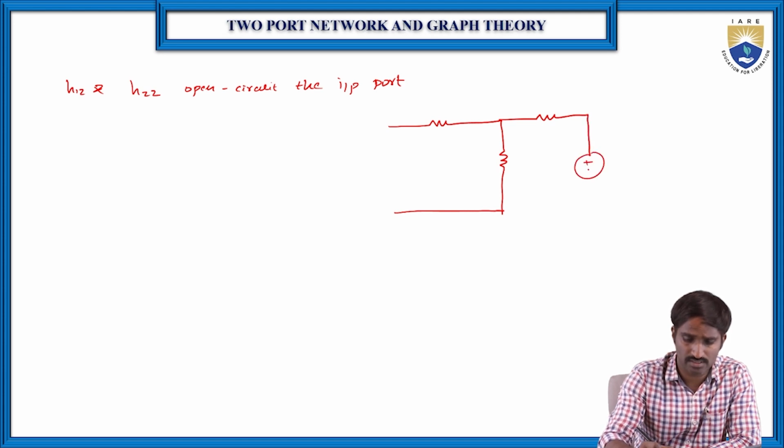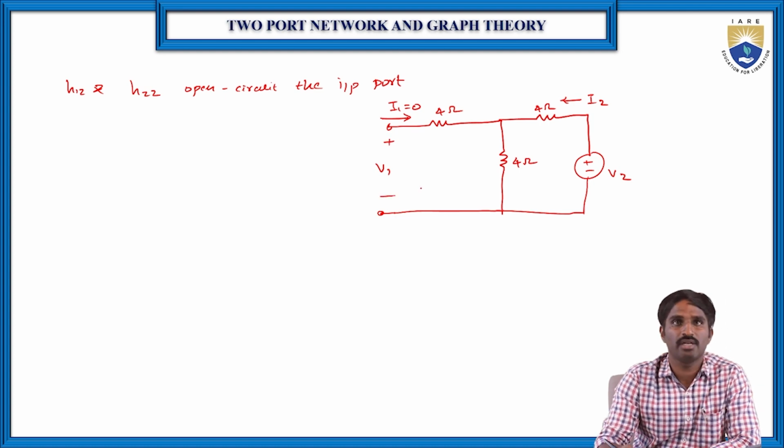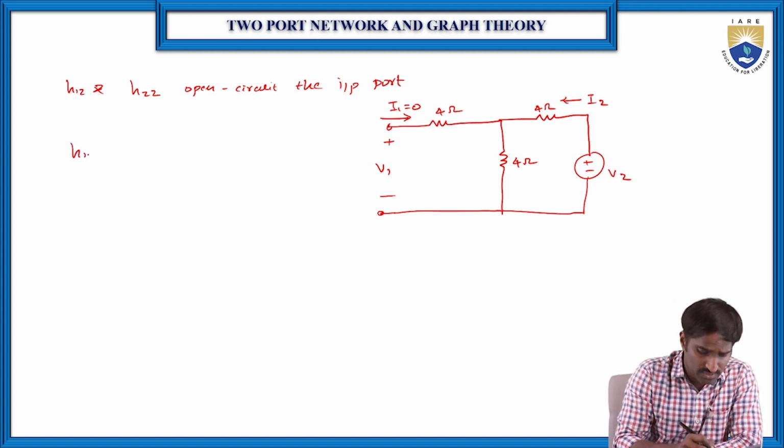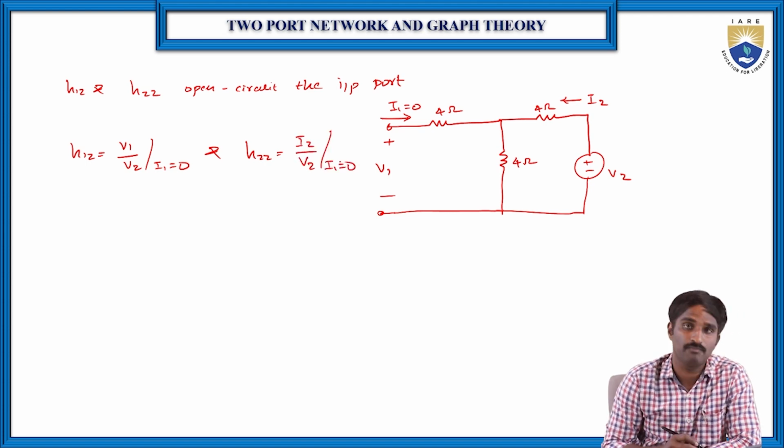Here let us connect V2, and I2 is also there. Here it is 4 ohms, 4 ohms, and 4 ohms. Since we are making it open circuit, I1 is equal to 0, and V1 is there, plus minus. First we should know the equation for H12. H12 is equal to V1 by V2 by making I1 equal to 0, and H22 is equal to I2 by V2 by making I1 equal to 0.